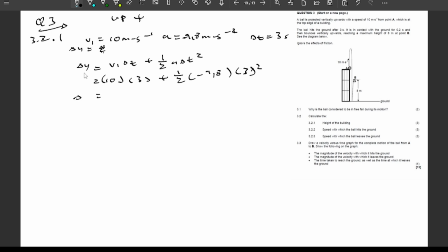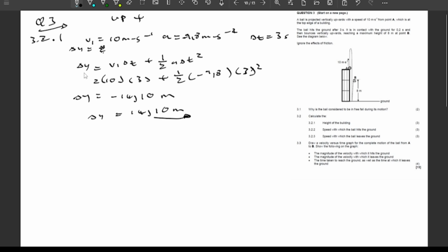My change in y is negative 14.10 meters. Since there's no such thing as a negative height, we can say the height is 14.10 meters. But when you're doing the calculations, you'll be using the negative 14.10.